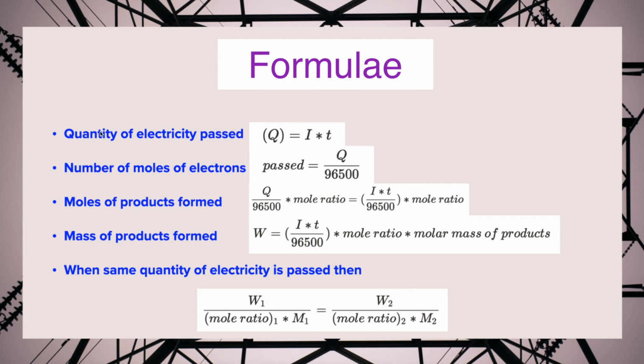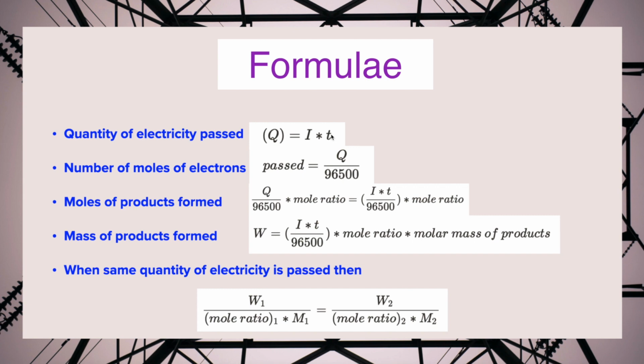The first is, you can calculate quantity of electricity passed, which is denoted by Q, when you have taken an electrolytic cell. The amount of electricity passed, denoted by Q, is calculated by using the formula I into T, where I is current in amperes and T is time in seconds.